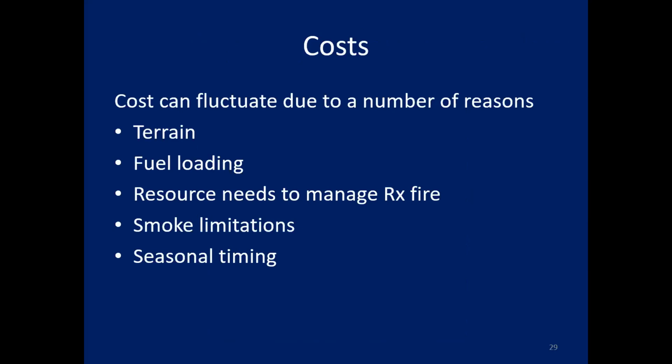So costs can fluctuate for a lot of different reasons. Terrain, you know, what are you working on? Fuel loadings. What I don't have in here is water. We move a lot of water from creeks and things. We have to get it to our areas that we burn in. So again, the resources needed to manage that prescribed fire, whether it be water resources, people power, other equipment.